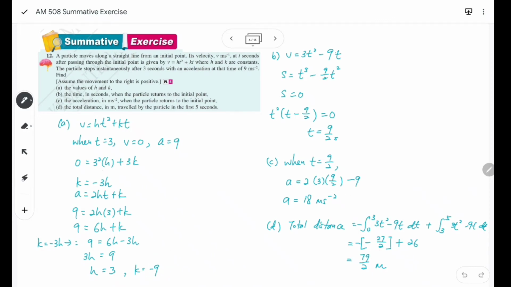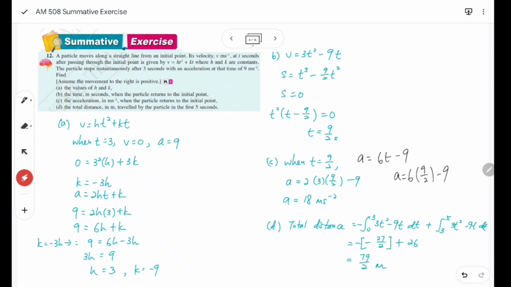I should rewrite my a so that it is easier: 2 times 3, and t minus 9. So you will actually get 6 times 9 over 2 minus 9, and you will get a equals 18 meter per second square.